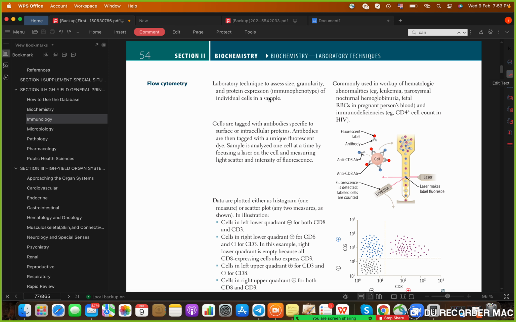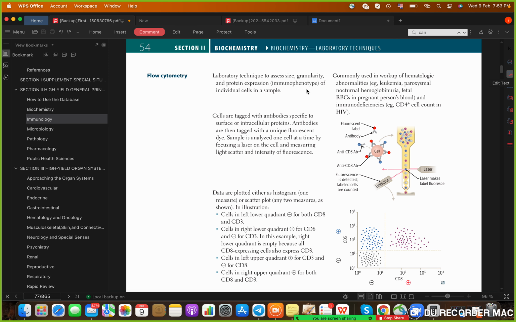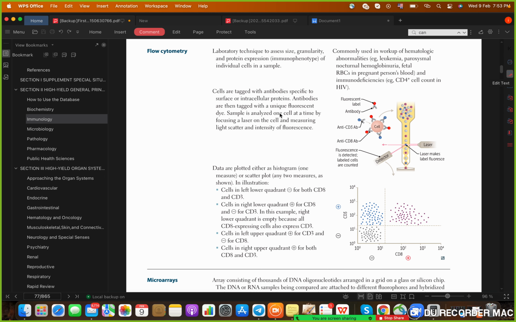So flow cytometry is a lab technique to assess the size, the granularity, and the protein expression. So it's important for immunophenotyping of individual cells in a sample. Cells are tagged with antibodies specific to the surface or intracellular protein, for example CD3, CD4, CD8.